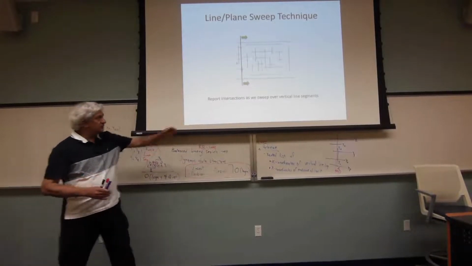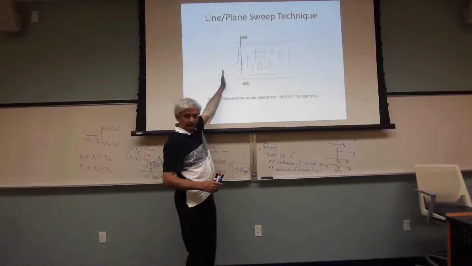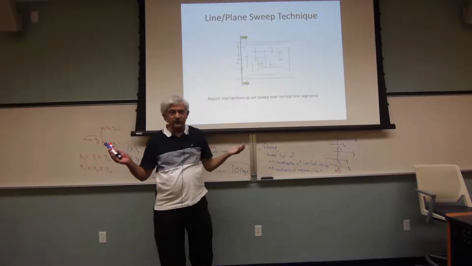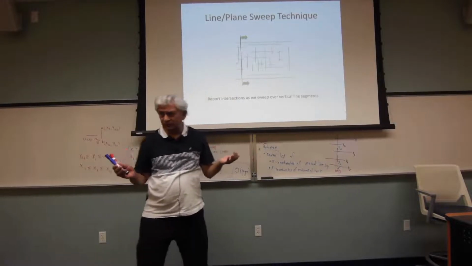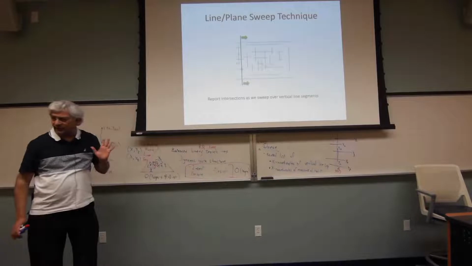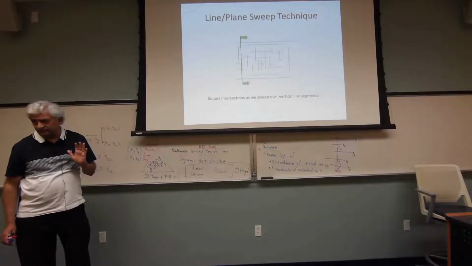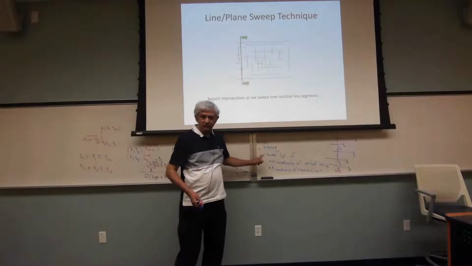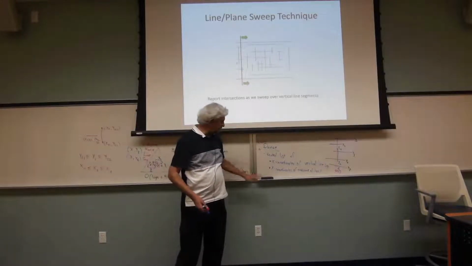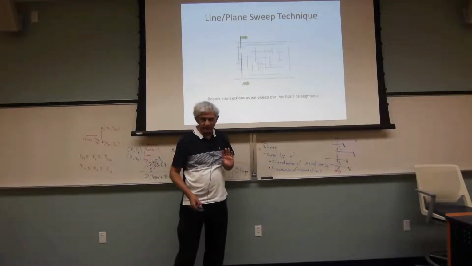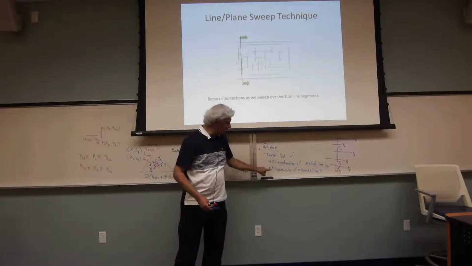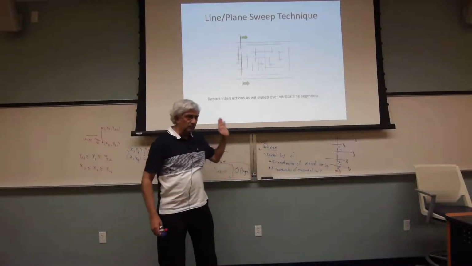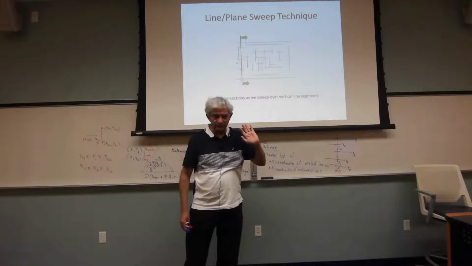When the vertical line sweep is over here, we don't have any line segments that are active, so this is simply going to be an empty data structure. Then the sweep line is going to stop at all these x coordinates that are here. These are going to be sorted, so we know in what order to process the events.